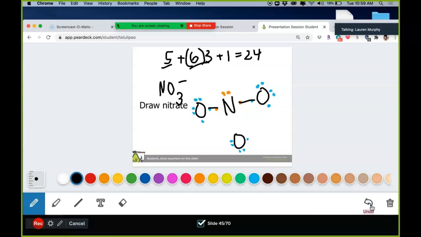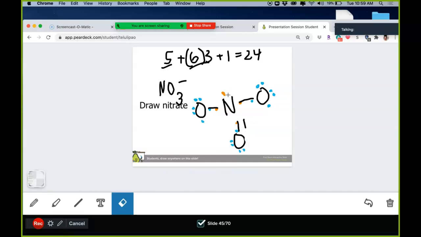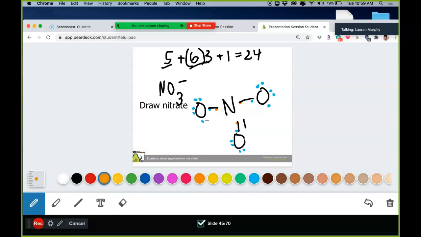So let's go back to my beautiful drawing that looked like this, and then we had a double bond here. We took that lone pair and broke it up. We put one of the electrons over here to complete the octet for this oxygen, and then we shared and created a double bond with this oxygen. Okay, we need brackets, yes. -1.